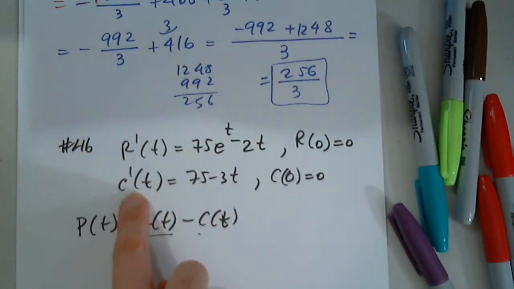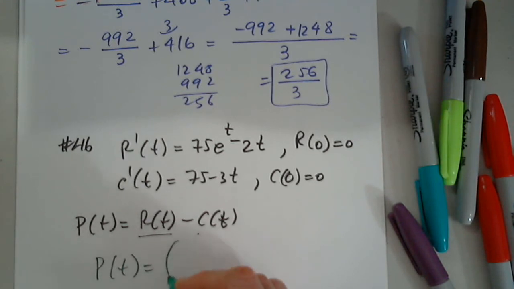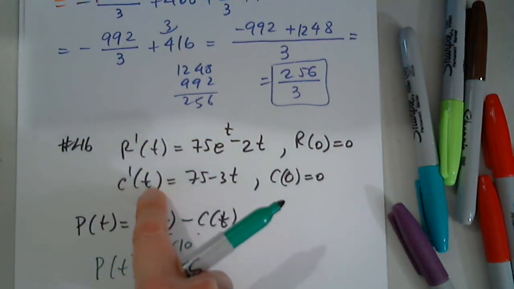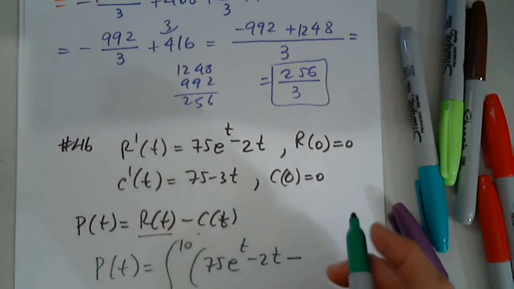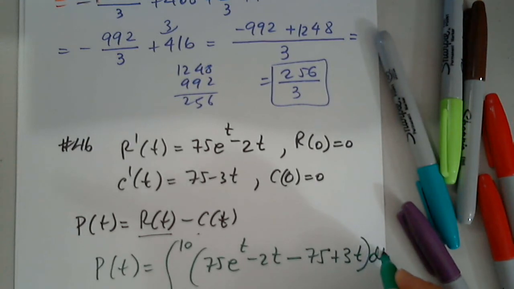We only have the rate of change, the marginal revenue and the marginal cost. But they're asking us to find the profit, so the profit will be the integral from 0 to 10 of this minus this. So this is 75 e to t minus 2t minus 75 plus 3t dt.